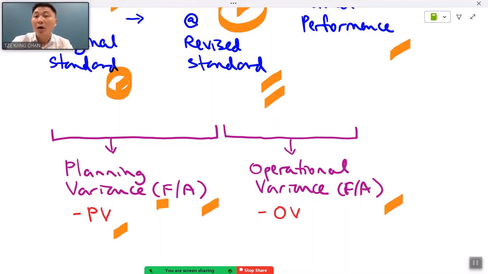These are termed operational variance. Same note, should the actual result be better off compared to the revised budget, it is termed favorable. Otherwise, adverse. Let's refer to this as operational variance.